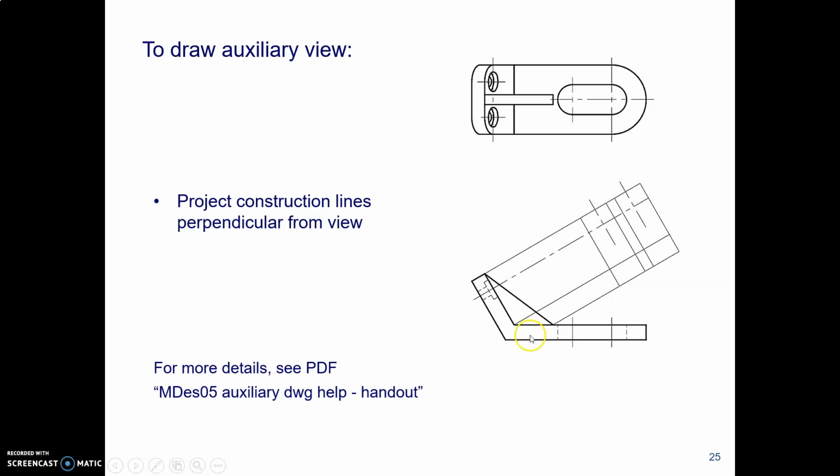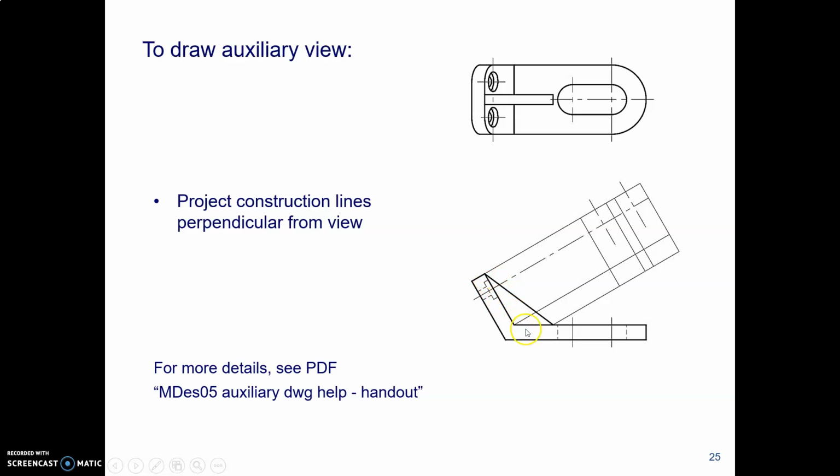So now you can go on to the auxiliary view, and for this, project lines from the front view where the surface appears as an edge. Project construction lines. Now, how do you get them perpendicular? I'll tell you what I do, which is probably the stupid way, but I can't remember the right way.